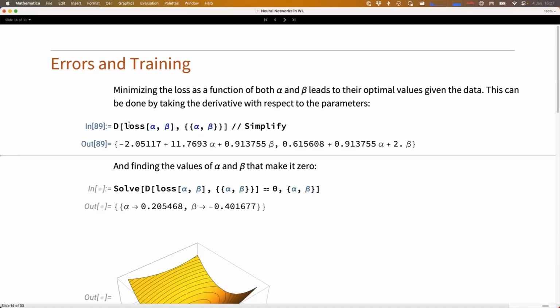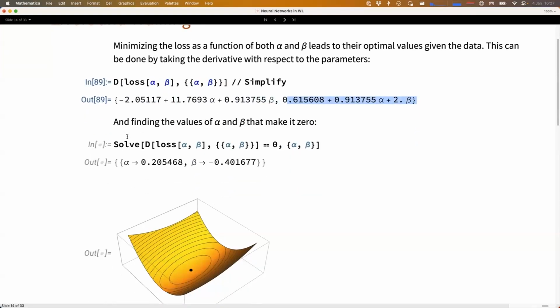Here you see that the derivative is closed form and is a function itself. This is the derivative of my loss for alpha, and it depends on alpha itself and beta, and this is the derivative for beta. So now I can use something like solve, and solve this system of equations equal to 0.